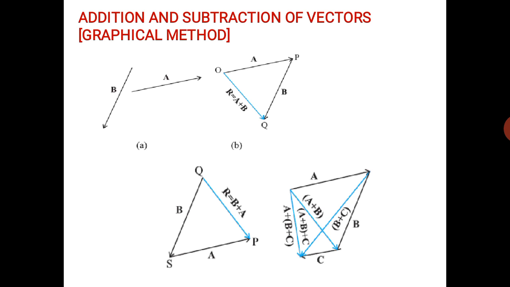If you join the initial point of vector B and the terminal point of vector C, then that gives vector B plus vector C. One more line is there: you have to join the line whose initial point is the initial point of vector A and the terminal point of vector C. So you have to draw one line, and that line indicates vector A plus vector B plus vector C, the sum of these three vectors.